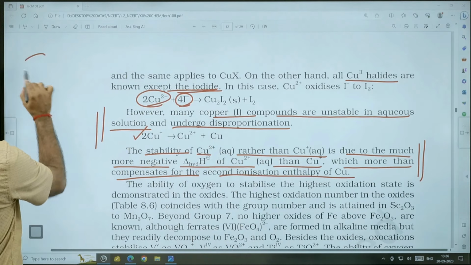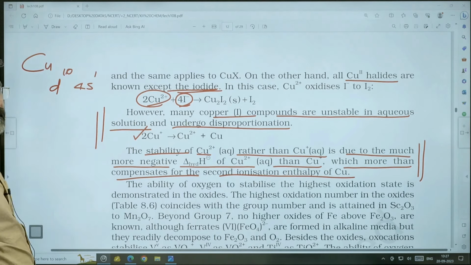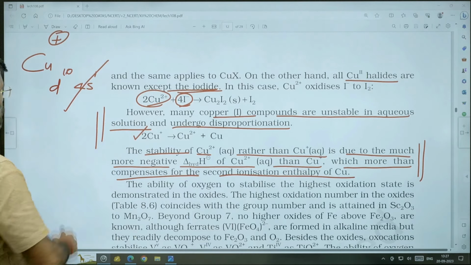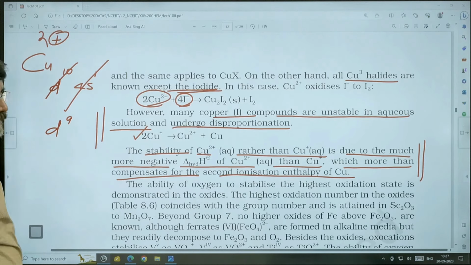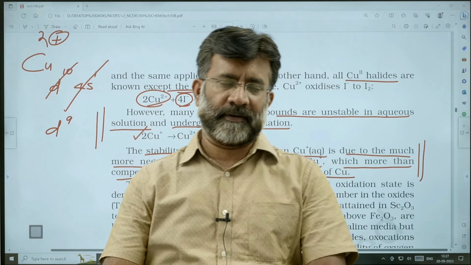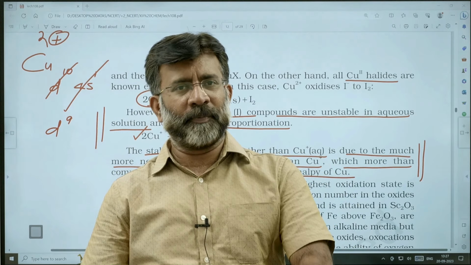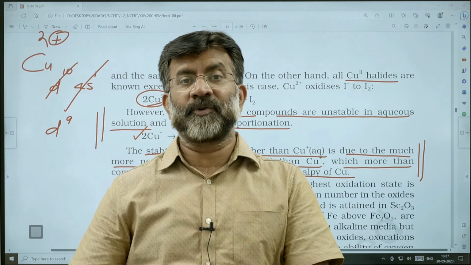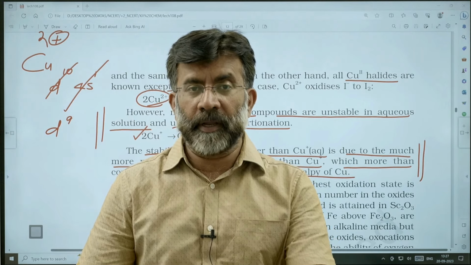You see, copper is d10s1. Losing one electron, it is Cu+. Losing one more electron, it is Cu2+. So Cu+ has a d10 configuration. How does it lose one more electron, and Cu2+ is stabilized? Because Cu2+ has a greater hydration enthalpy compared to Cu+.